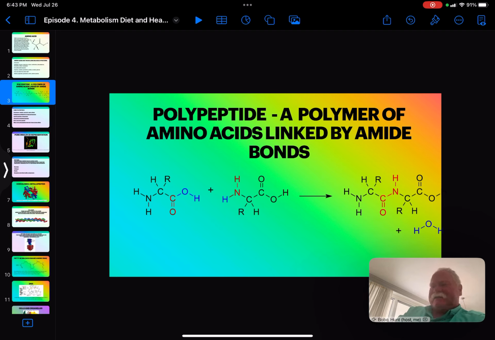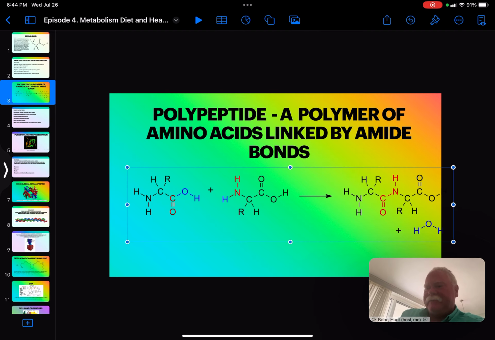On the left-hand side, the very first chemical in this structure still has the R sticking up, but it's been flipped down so you can see how they link together. You take a water out of this group, fuse the amine group on one side to the carbon of the carboxylic acid group on the other side, and that's a peptide bond. And this is what happens over here on the far right.